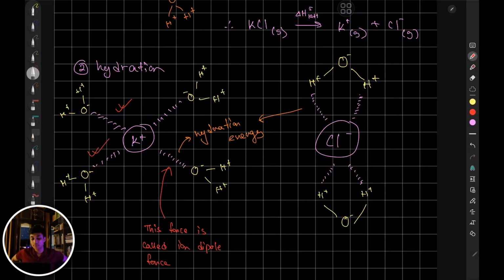As a result, the potassium ion gets hydrated since these forces of attraction are formed. Similarly, in case of chloride, it will attract the positive hydrogen ends and form ion-dipole force. Great.